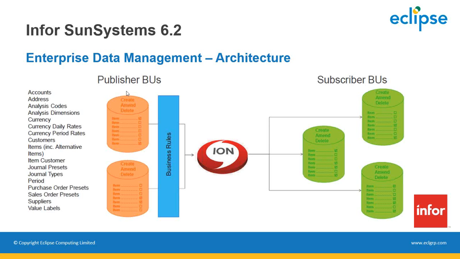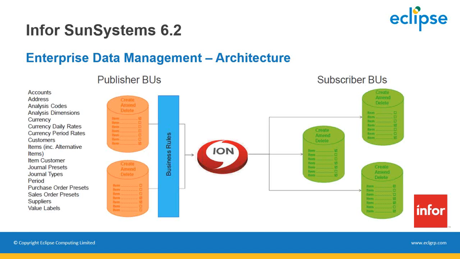So as we said, we would have one or more business units that are defined as publishing business units, and then within there, for each one of these data entities, we can define, based on the creation, the amendment or a deletion of a record, exactly what happens, and those rules are defined within standard business rule screens within SunSystems.